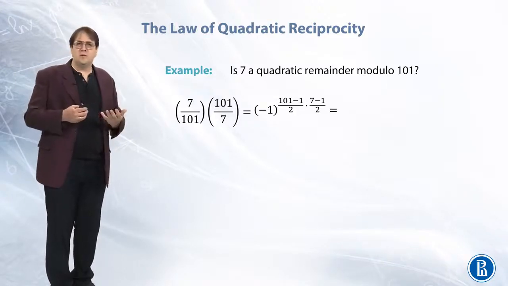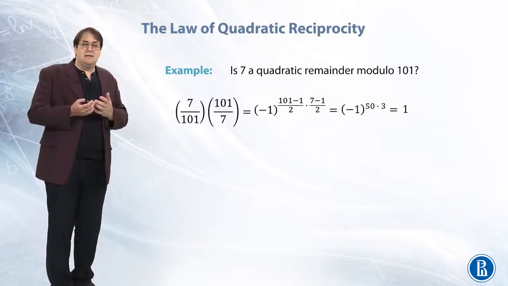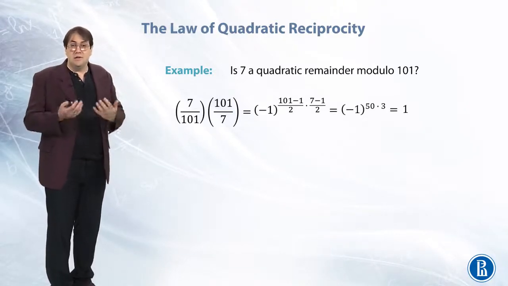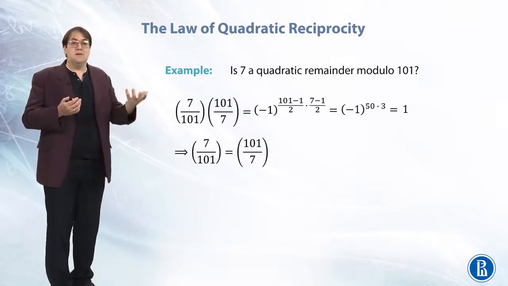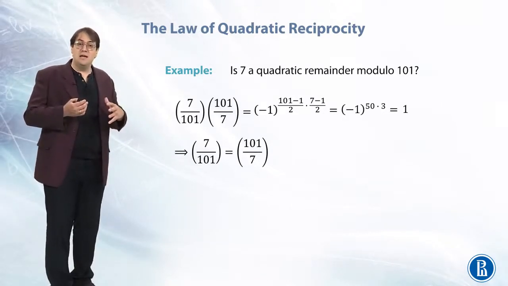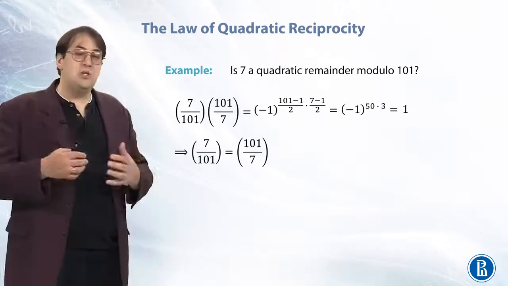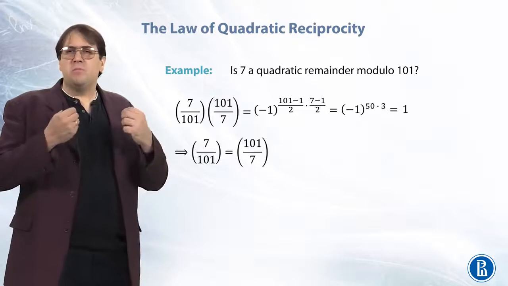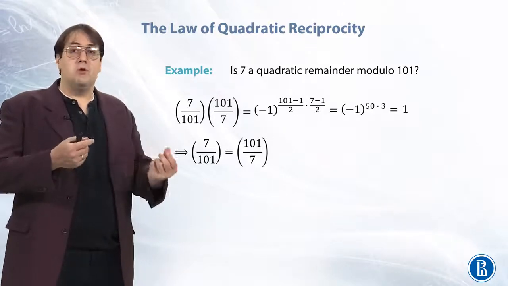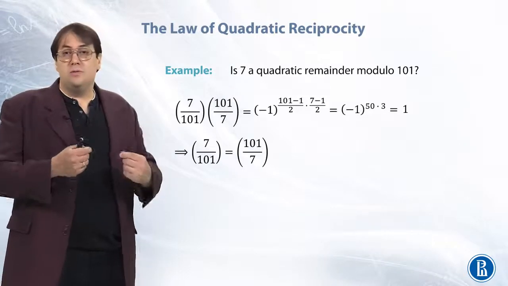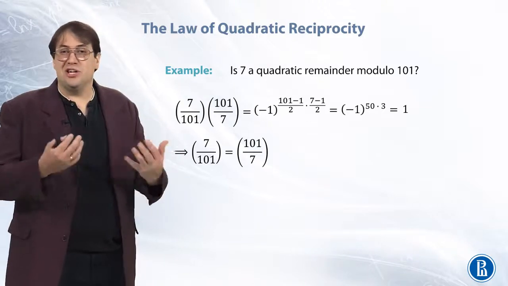Well, you see the formula on the slide. Let's calculate this and let's conclude that the symbol of 7 modulo 101 is equal to the symbol of 101 modulo 7, which means that either both are quadratic remainders modulo each other, or both are not quadratic remainders modulo each other.